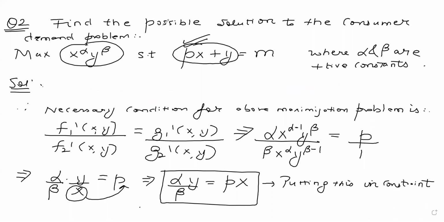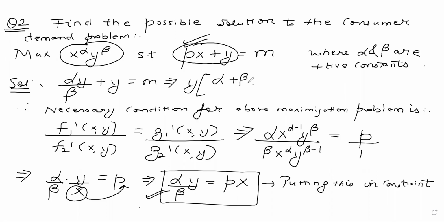So my px is nothing but alpha y by beta from this equation, plus y equals m. I can take y common on the left hand side, so I get alpha plus beta by beta equals m. My y star comes out as beta upon alpha plus beta times m.